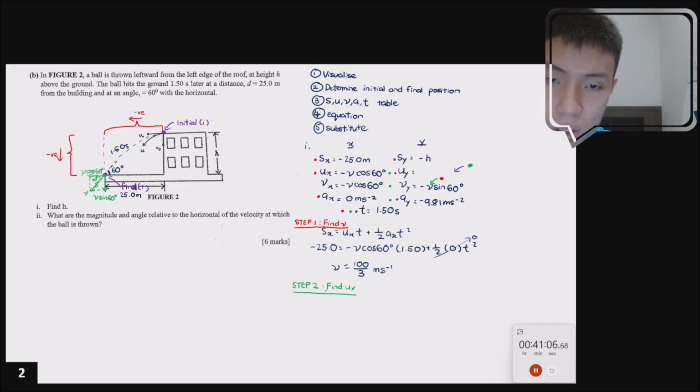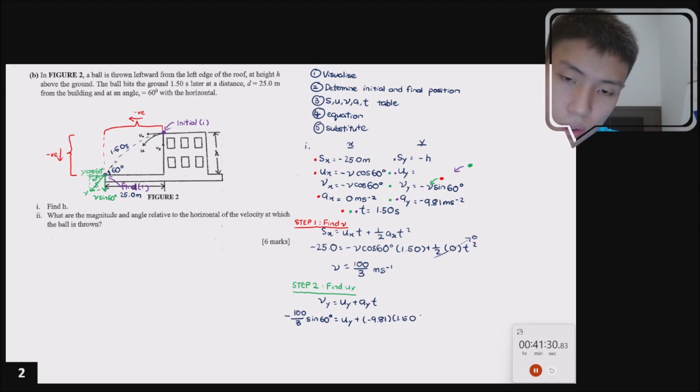To find UY, we need to use VY equals UY plus AY T. VY is negative 100 over 3 sine 60 equals UY, which we don't know, plus AY, negative 9.81, times time 1.50. So let's find UY.